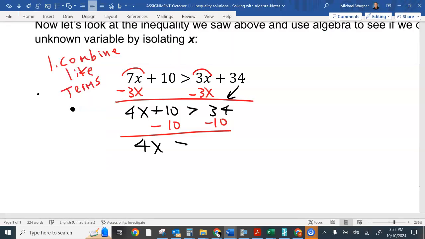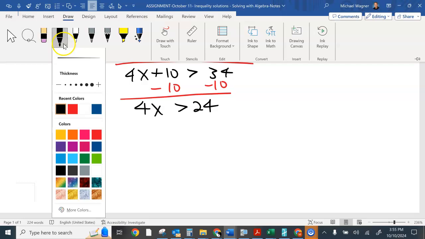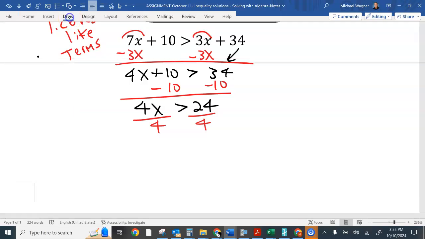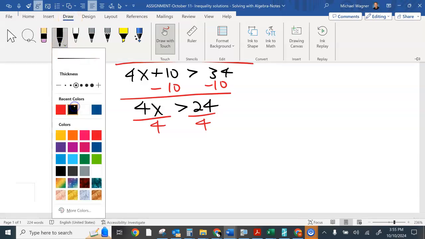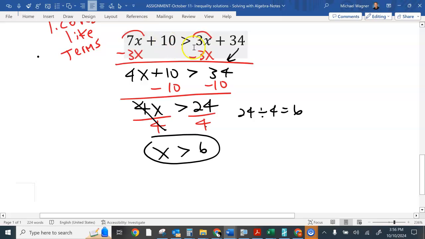This goes away, greater than 24. Now we're going to divide by 4. So then we get, finally, x, this cancels out, is greater than 24 divided by 4. So 6.